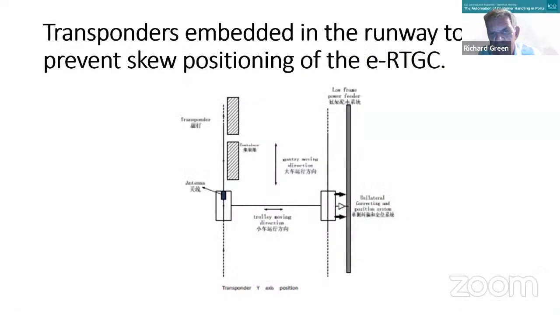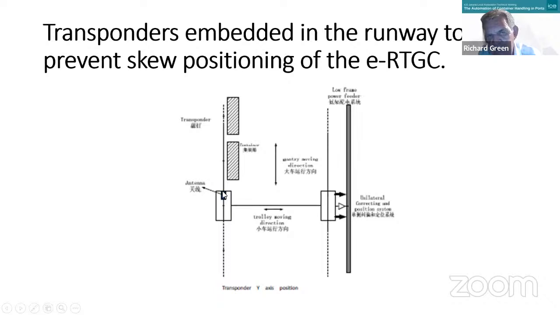In order to, this is a plan view. Here's one runway, here's the other runway, and here's the reflector with the cameras. Now the wheels on this side should be in concert with the wheels on this side. Sometimes the wheels on this side get ahead or behind, and the RTG tends to want to crab its way down the runways.